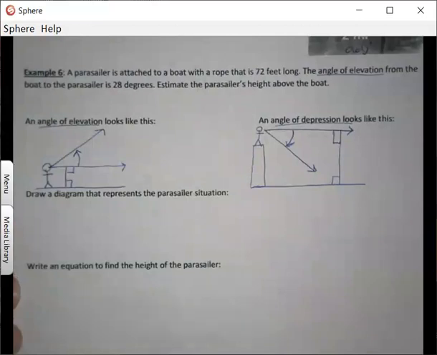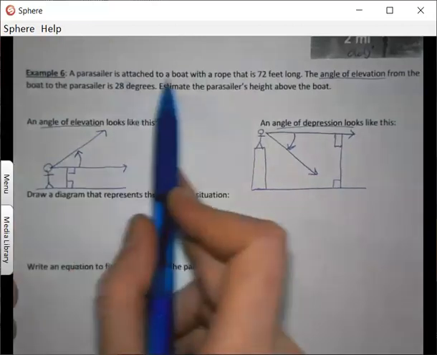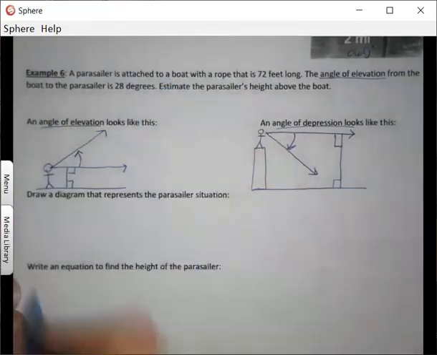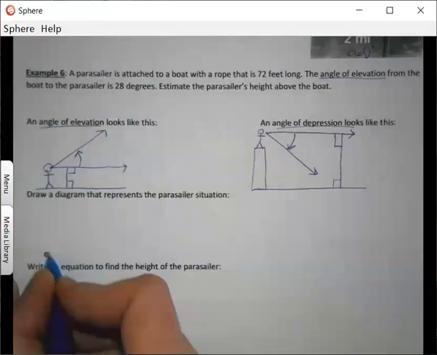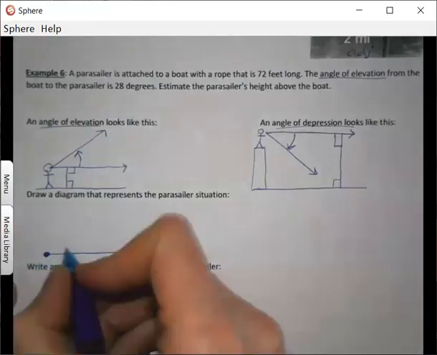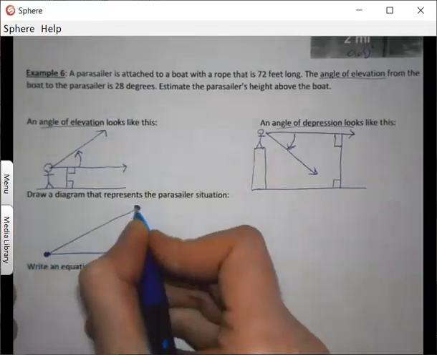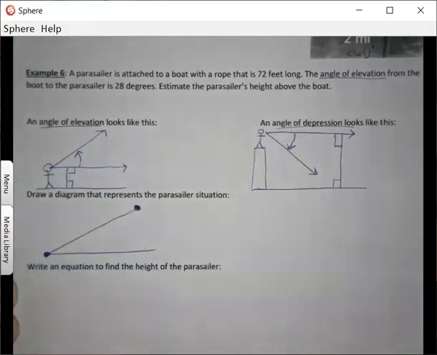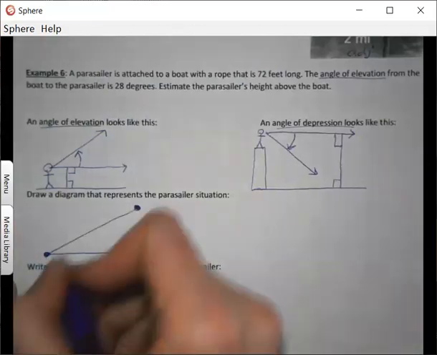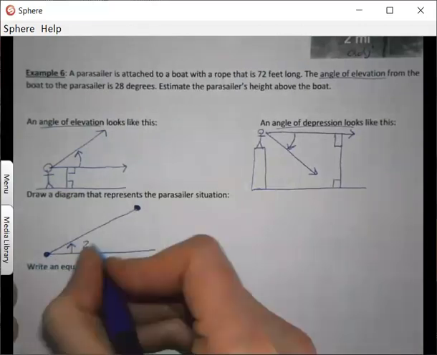Okay, so first step, we want to draw a diagram of our situation. The parasailer is attached to the boat with a rope that is 72 feet long. So let's say this point is our boat. Our reference is going to be the water. Then we have a rope tied to a parasailer. The angle of elevation from the boat to the parasailer, from our reference to the parasailer, is 28 degrees.